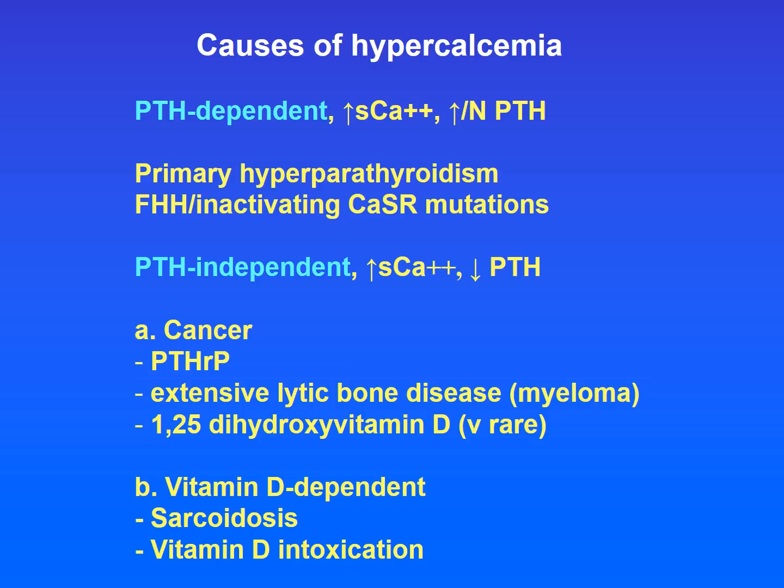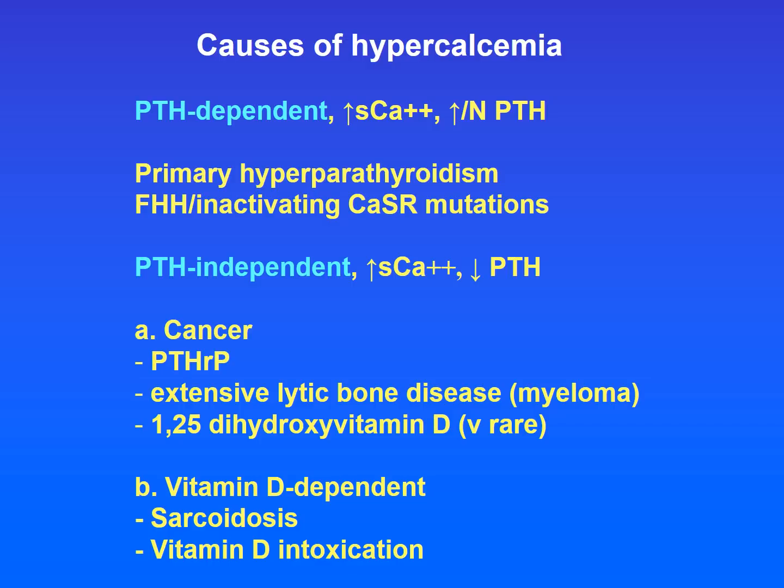And the disease which is a very classic example of that phenomenon is multiple myeloma, where there can be very extensive skeletal involvement with a lot of very intensely resorptive or lytic bone lesions.